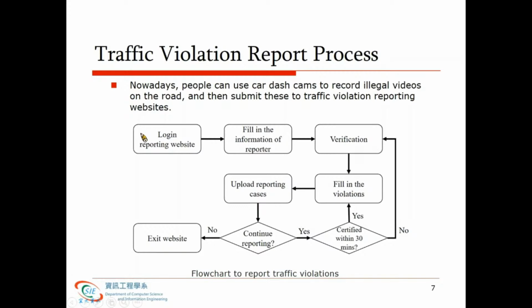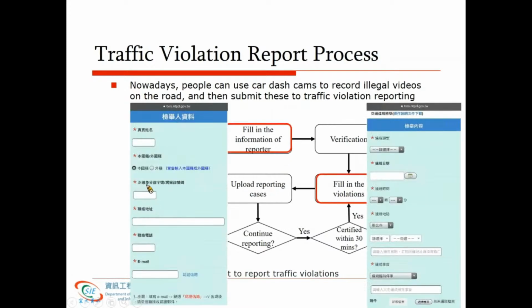First, it is necessary to log into a reporting website and then fill in the personal information of the reporter, such as name, ID number, email, contact mobile number, and address. And then the system will verify the reporter.